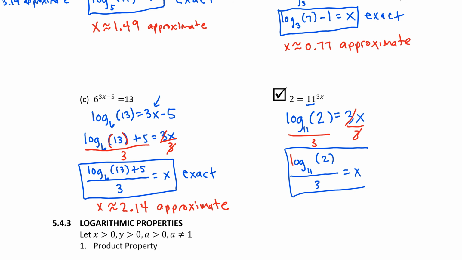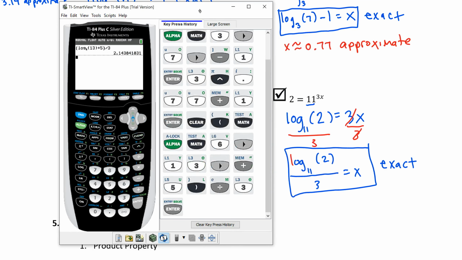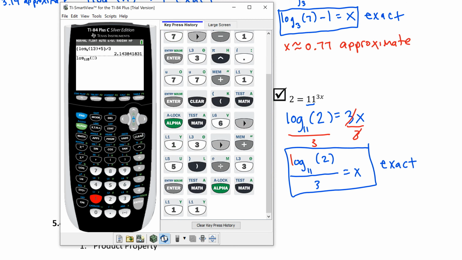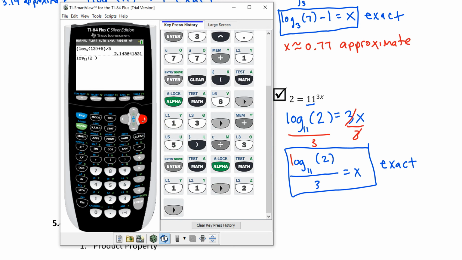So when the instructions say solve exactly, we're looking for the symbolic form of the solution. Let's go ahead and use our calculator to approximate. We can do our shortcut, math, alpha A, log base 11 of 2. I'm going to get out of my parentheses and divide by 3. We end up with approximately 0.09.